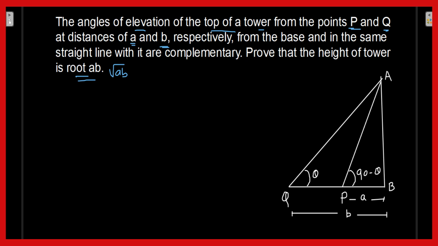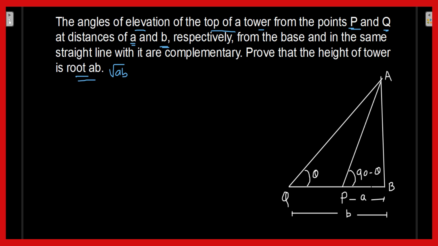This type of question, one we have seen in the previous episode. It is of the same type, but still the question asked is a little bit different. Here AB is a tower and there are 2 points P and Q at a distance of A and B from the foot of the tower.